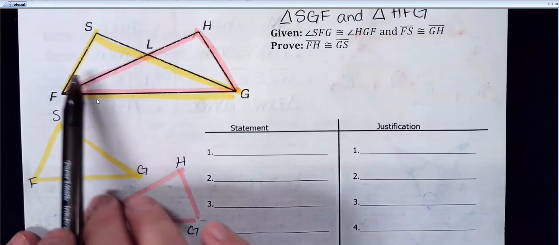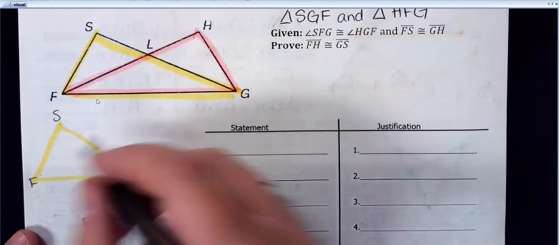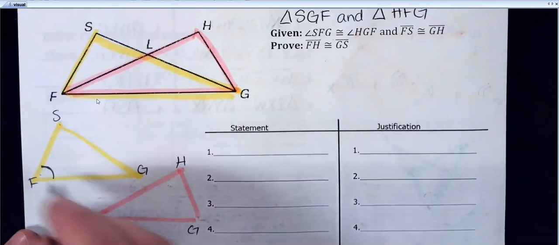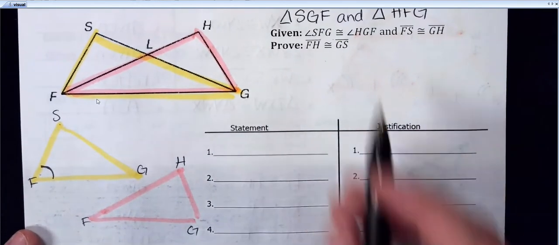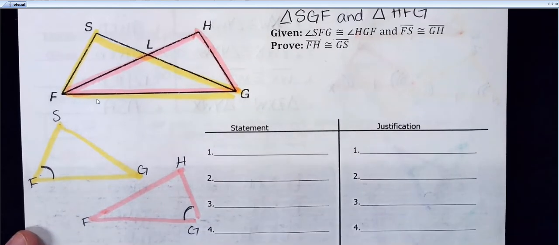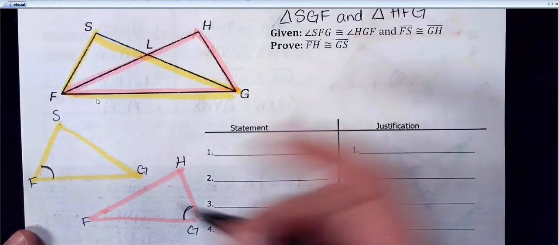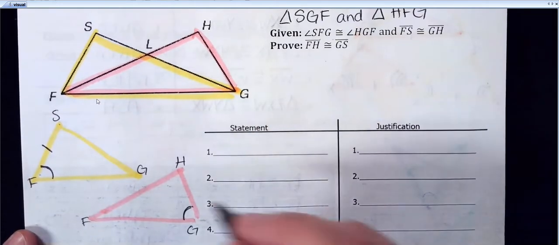When you redraw them, SFG, that has to go SF is the vertex to G, so right there's where I'm going to put a single curve. That's congruent. HGF, single curve there. And then it gives me a set of segments, F to S and G to H.